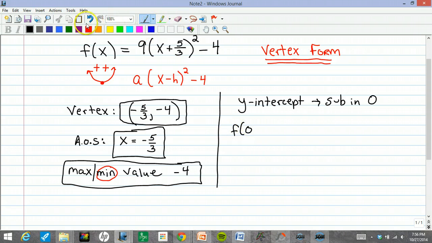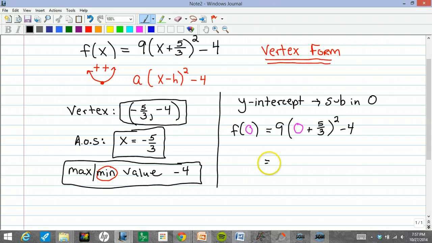Let me color code that quickly. f of 0, input 0, is 9 times, I'll put the 0 in a second, plus 5/3 squared minus 4. So I want to find this. Alright, let's do it.